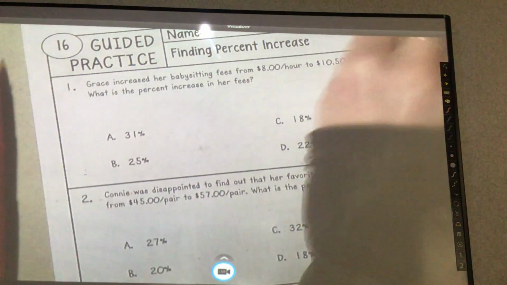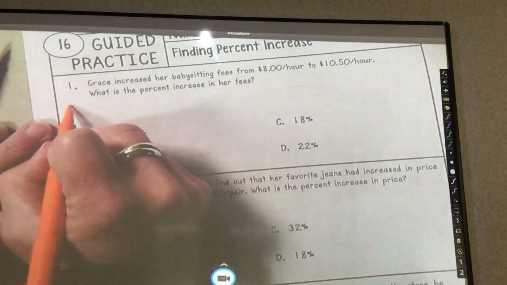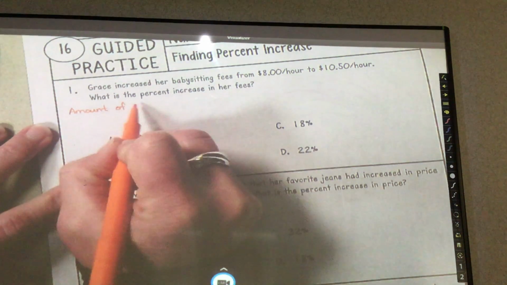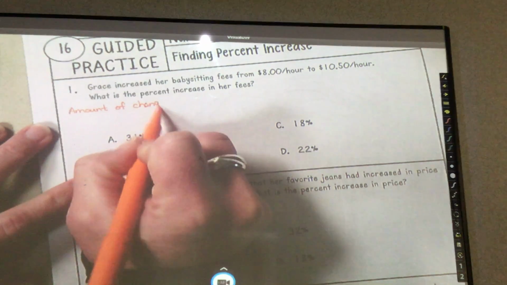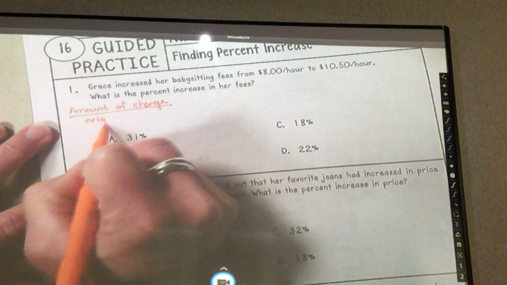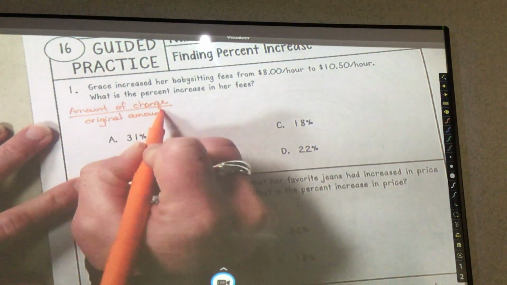So we're going to write that again on here before we do this. We're going to write amount of change over original amount.